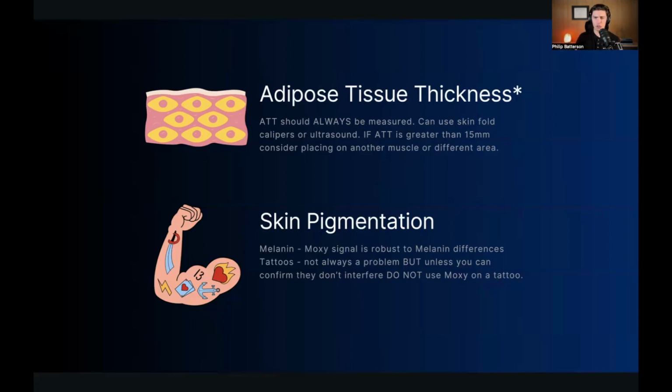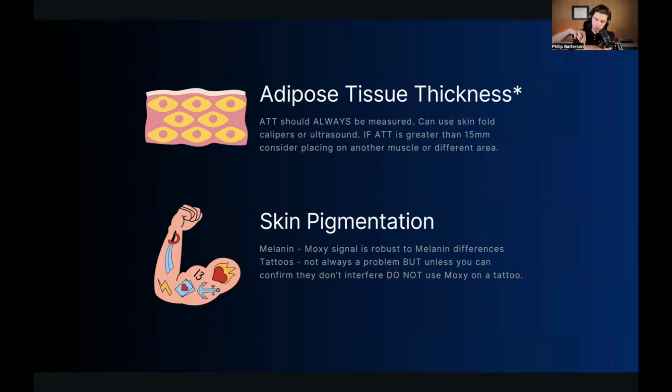And there's some studies that I'll show in just a second that actually highlight this, but anything above 15 millimeters or 1.5 centimeters could potentially start to interfere with the ability of the device to give our reliable, repeatable dynamic range of measures. So anything above 15 millimeters of adipose tissue thickness, or that would be 30 millimeters of skin fold thickness.